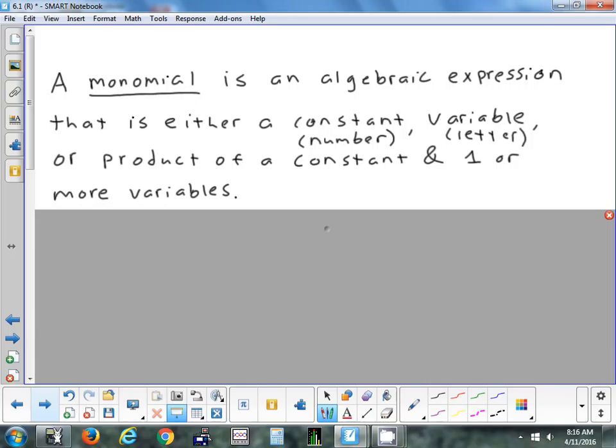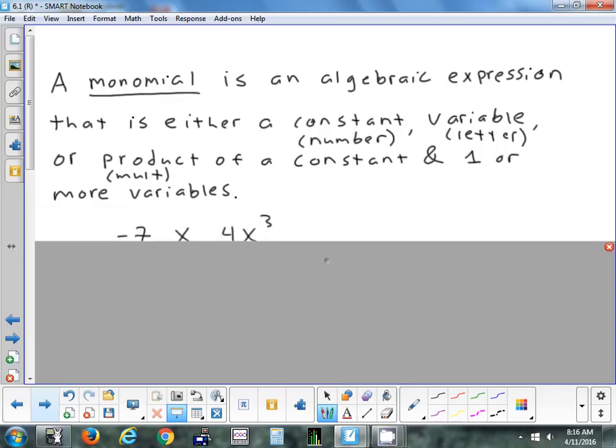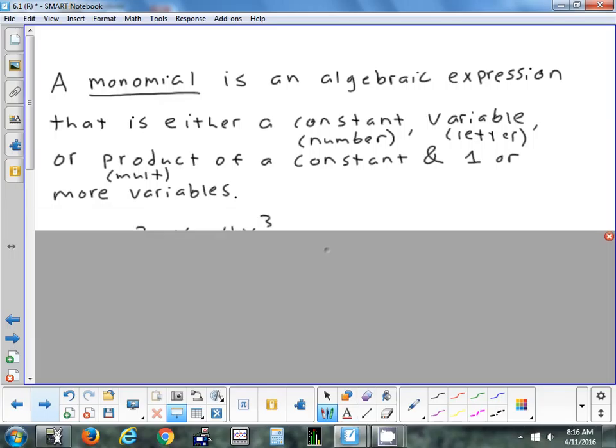Or it can be a product. What does product mean? What operation is product? Multiply. Yep. Multiply a constant and a variable. So you can multiply a number and a letter together, and that's also called a monomial.